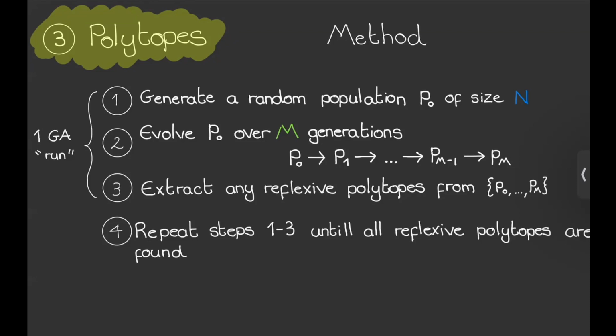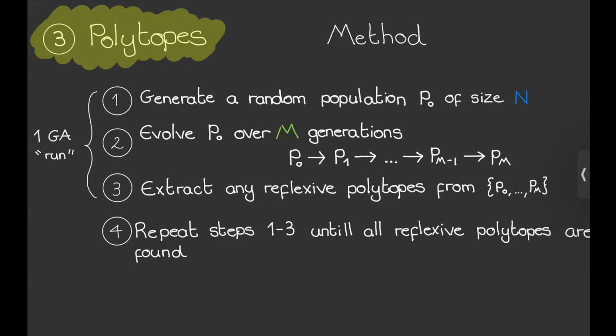We're then left with a list of populations, and we extract any individual from this list that corresponds to a reflexive polytope, and we save those. Then we repeat that process again with another initial population, and this is repeated essentially until we find all of our reflexive polytopes.